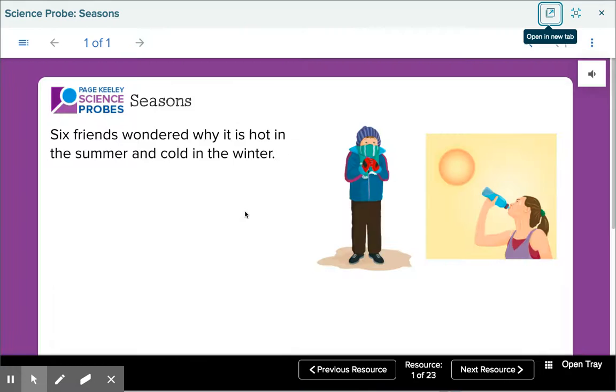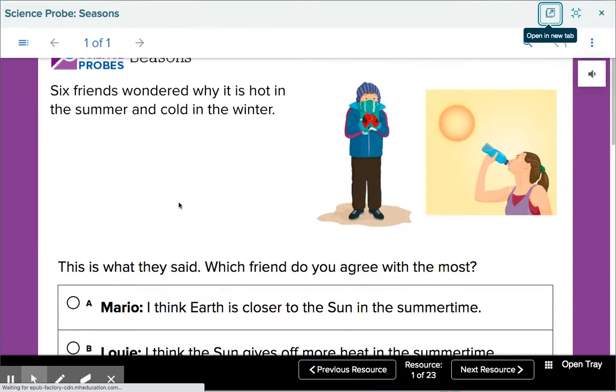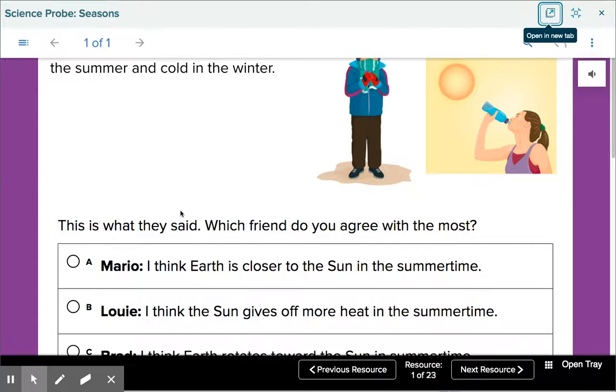The science probe is meant to uncover any misconceptions. This first lesson, Earth's Motion Around the Sun, is focused on seasons. Summer, winter, fall, spring, what causes the seasons. So science probes always start you out with a situation and then give several friends and their ideas, and you have to pick which one you agree with the most.